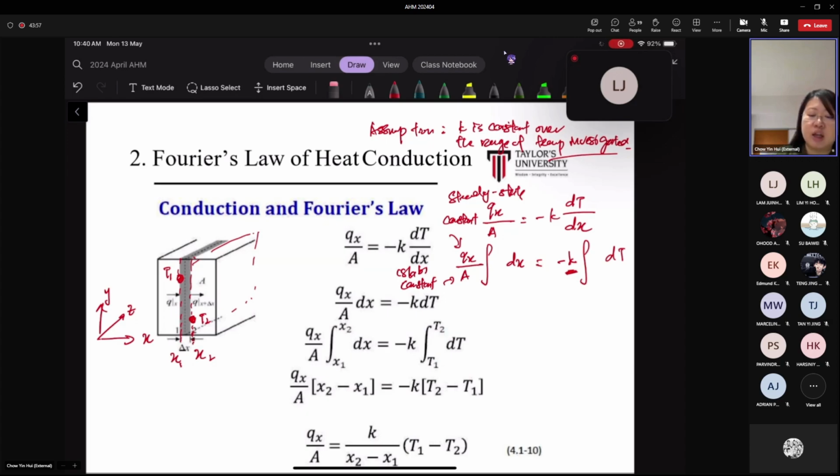Before you can proceed, you need to assign the boundaries. As mentioned, at boundary x1 the temperature is T1, and at boundary x2 the temperature is T2.